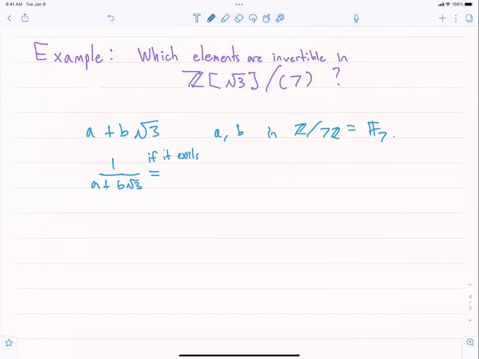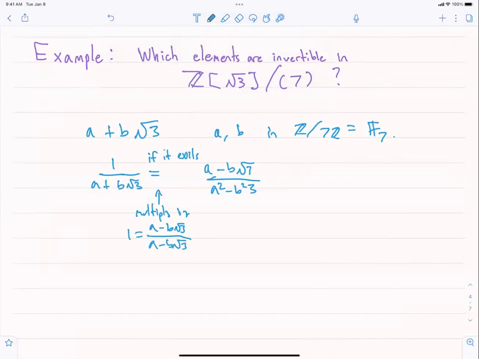And if it does exist, then I can do the same trick as before. I can multiply top and bottom by a minus b√3, and then on the bottom I'll get a squared minus 3b squared. So here I multiply by a minus b√3 over a minus b√3, which is 1.